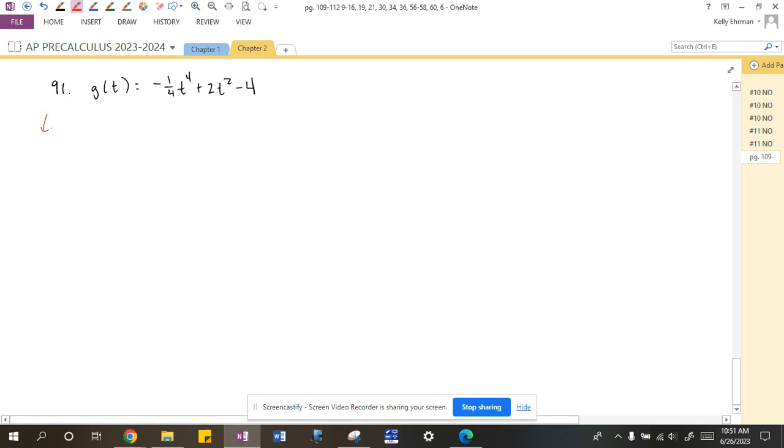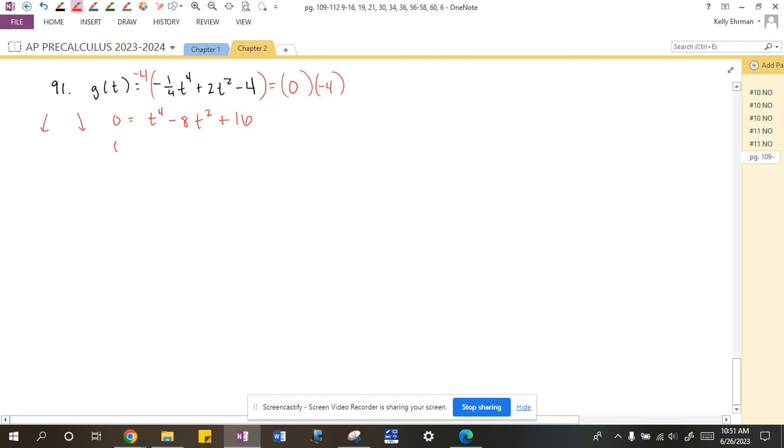End behavior, down on both sides. Zeros, we can either factor out a negative 1/4, or we can say, when I set this equal to 0, I multiply both sides by negative 4, because I don't like a negative leading term. If I do that, this becomes t to the 4th minus 8t squared plus 16.